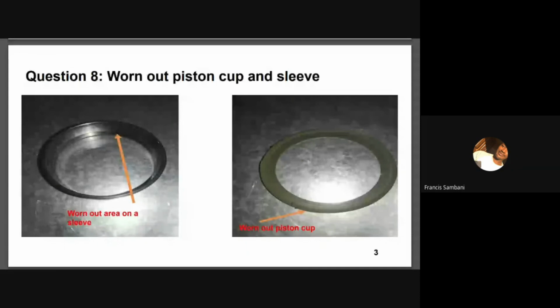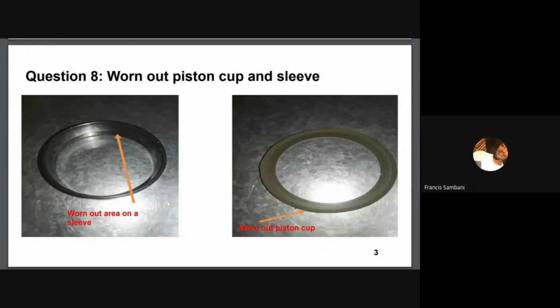Can I have the graphics, please? All right, if we look at the graphics, we have images of the piston cup and the compressor sleeve. On the left we have the compressor sleeve, and though clearly not visible, I think you can see some lining.